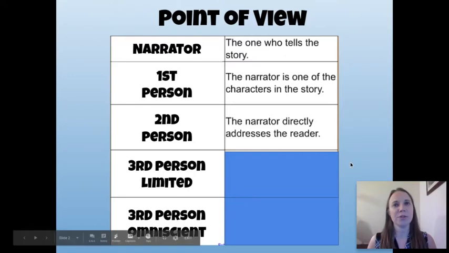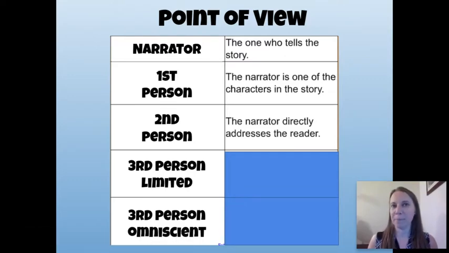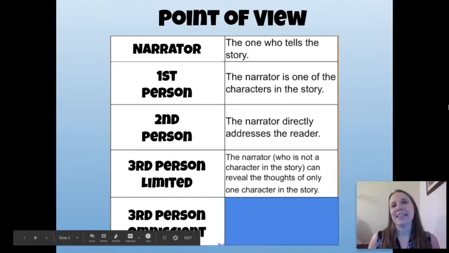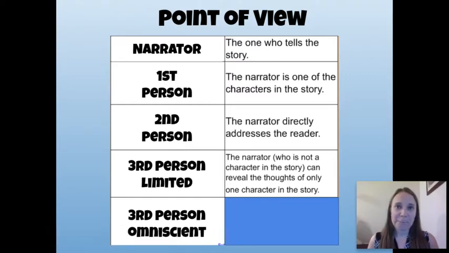Now, for both of the third persons, who would the narrator be if it's third person? Third person, either one. The narrator is not a character in the story. It's told from an outside point of view looking in. So with third person limited, we focus in on just one character.